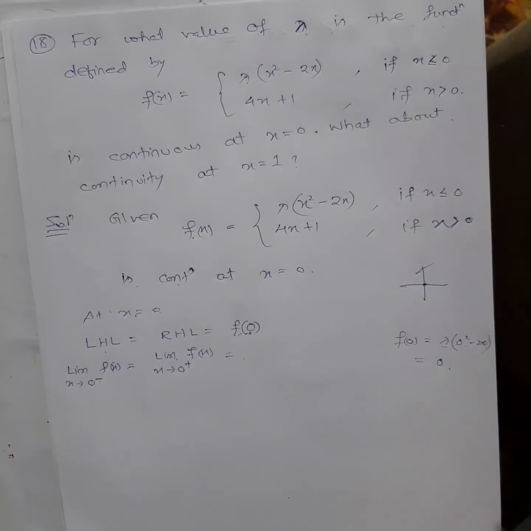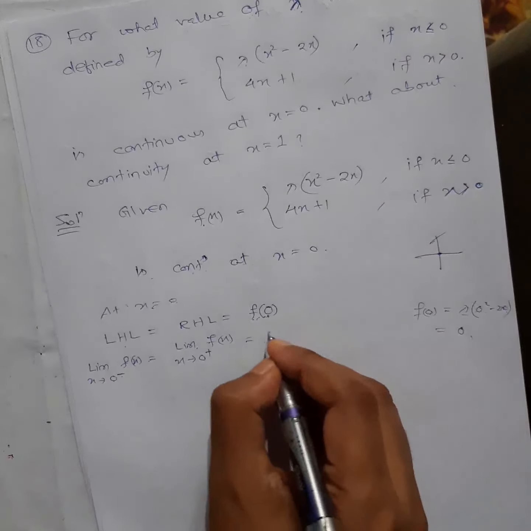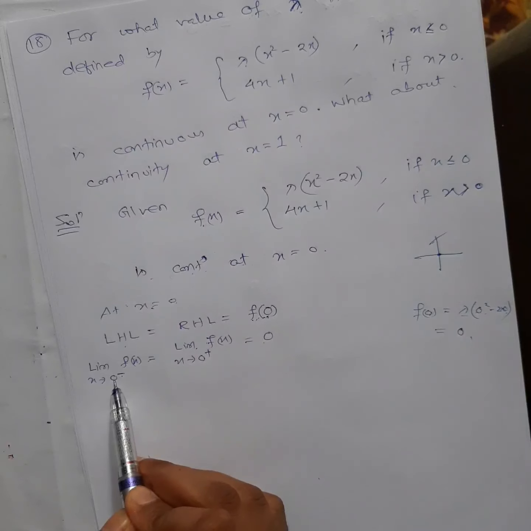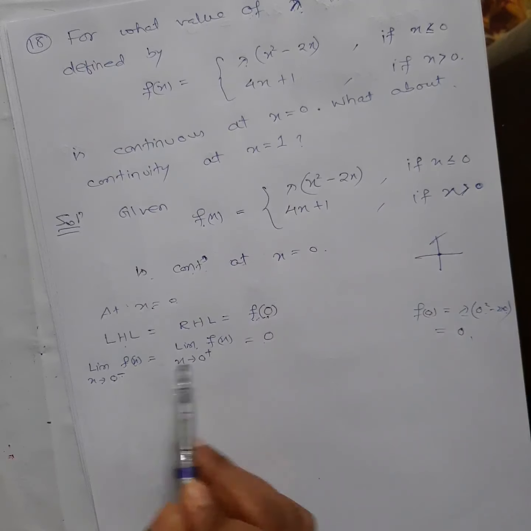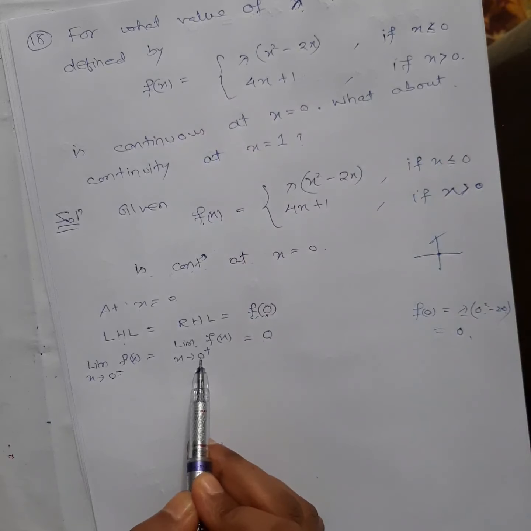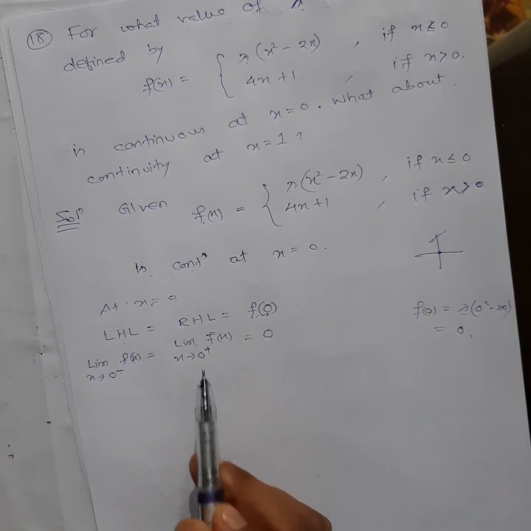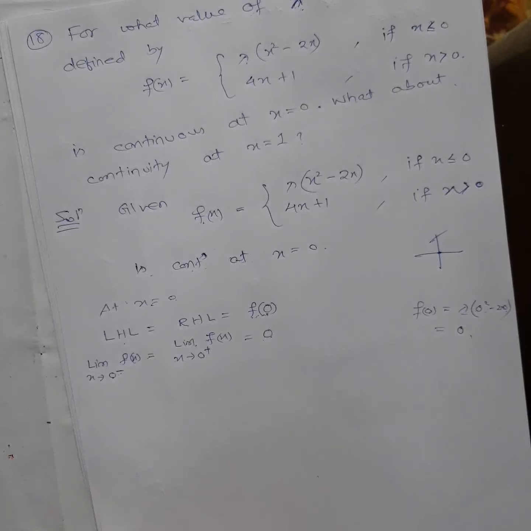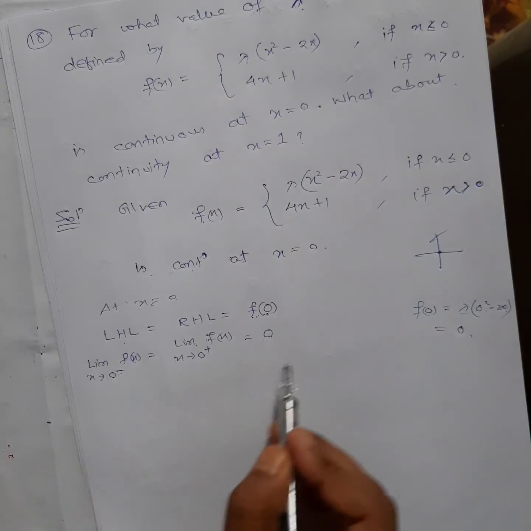So we will get 0 here. So you can understand the left hand limit: as you tend towards 0 from the left, your f(x) will tend to 0. And as you tend towards 0 from the right, your f(x) will also tend to 0. That's what we understand.